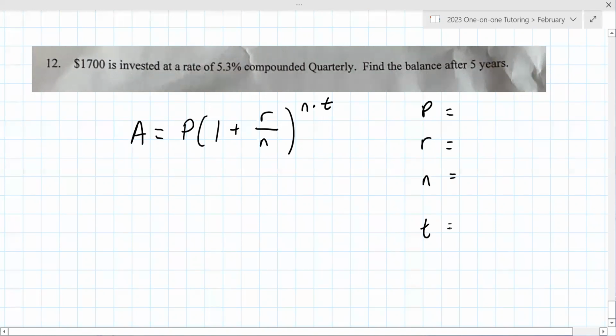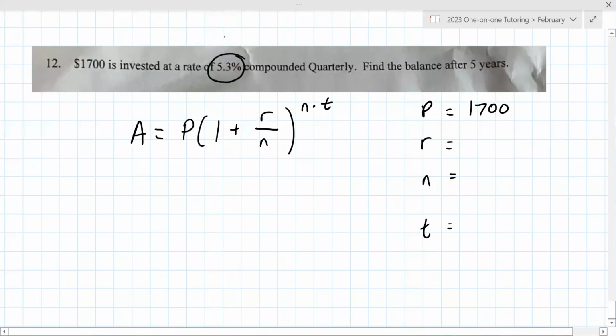So I'd like you to tell me any of them that you see, kind of process of elimination, if there's any you're not sure about. P is the starting amount, R is the interest rate as a decimal, N is the compounding periods, and T is the number of years. So P is 1,700. Okay. R is 5.3%.